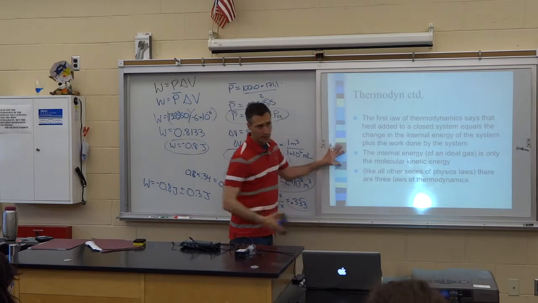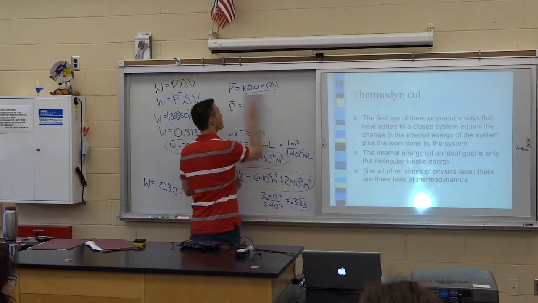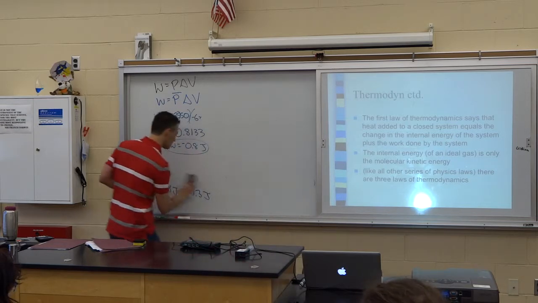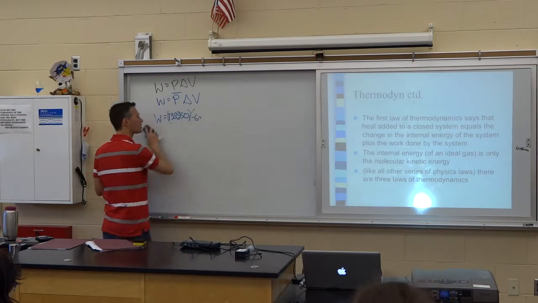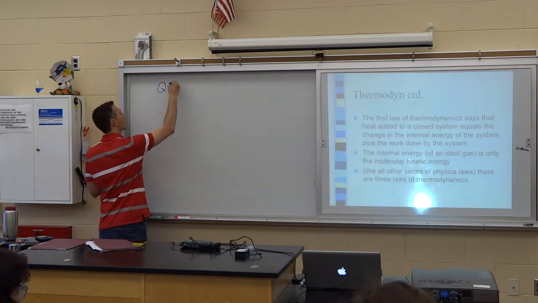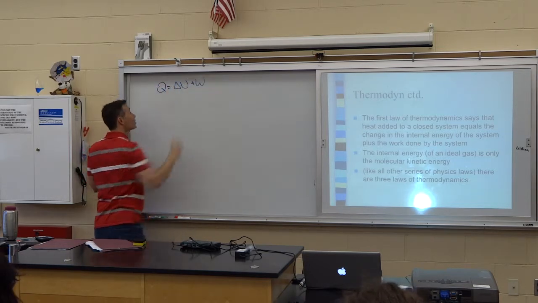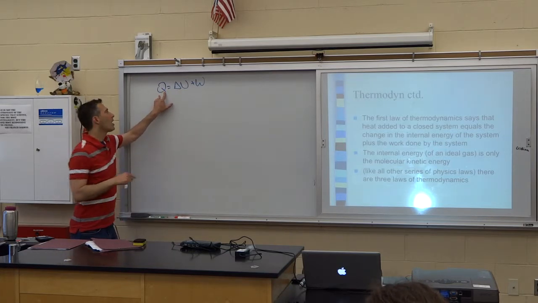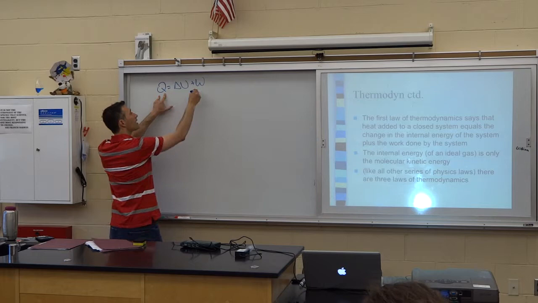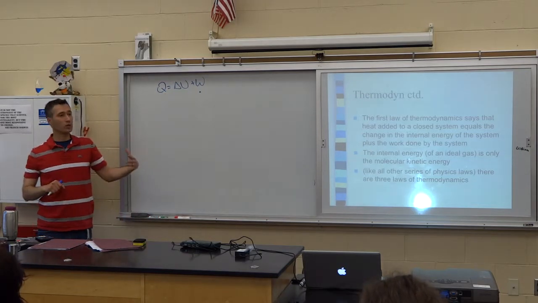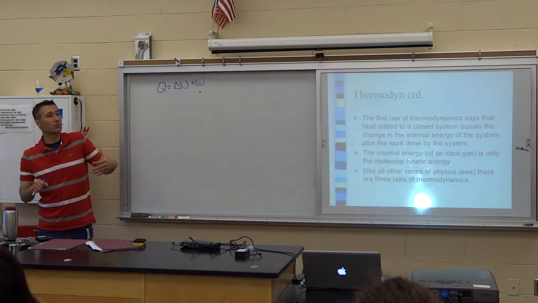The first law of thermodynamics is in the data booklet. It's the one that I think says something like Q equals delta U plus W. Is that there? Yeah, great. The first law of thermodynamics says that we can send heat into a system, and maybe that heat does some work, or maybe that heat does a temperature change, or a phase change.